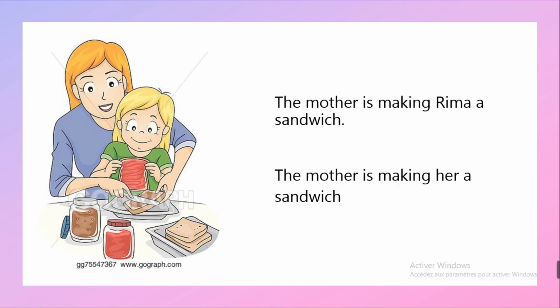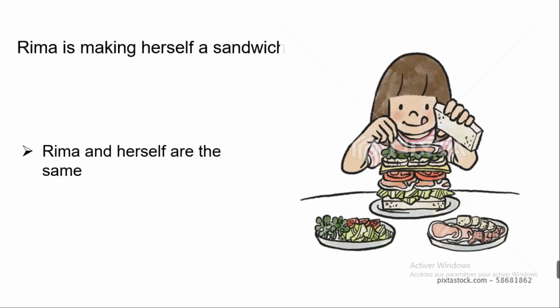Now, what if we want to say that Rima wants to make her own sandwich without the help of her mother? We can say Rima is making herself a sandwich. Here, Rima is the subject.